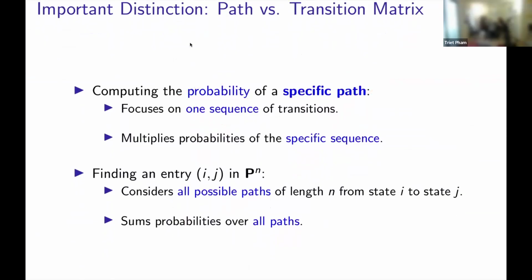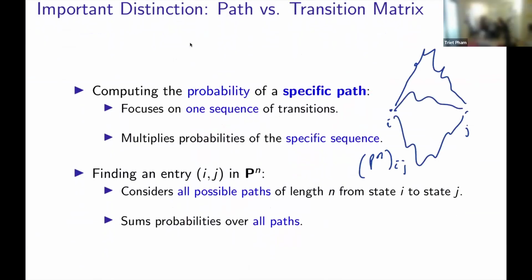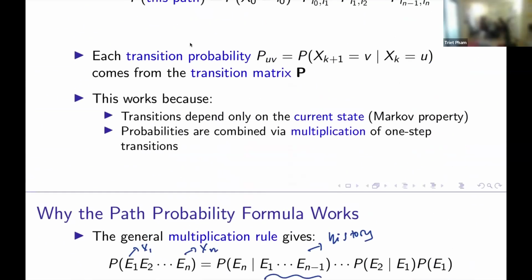If you look at P to the n, ij, this just moves from state i to state j regardless of the route, so it covers multiple paths, all paths from i to j. It's a less specific version of the path.